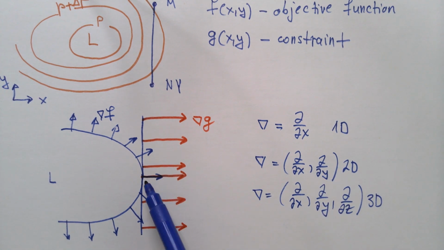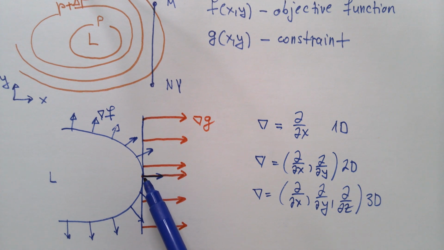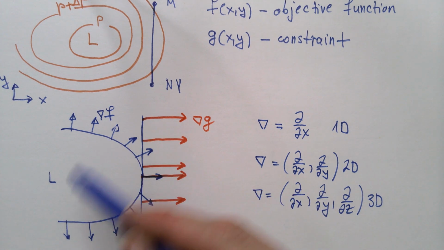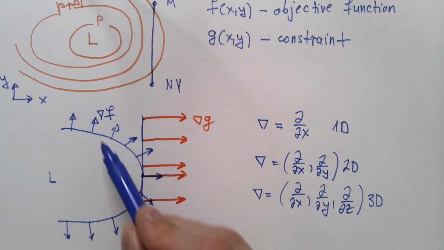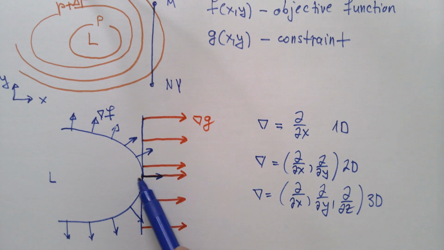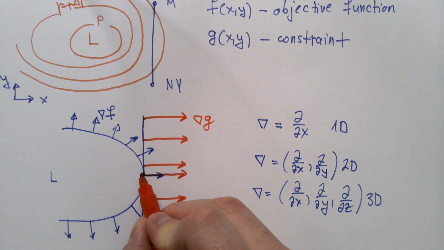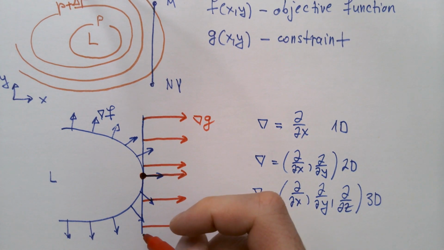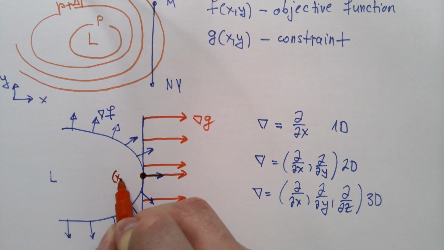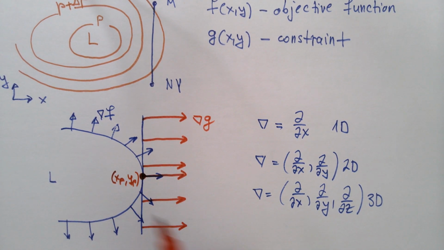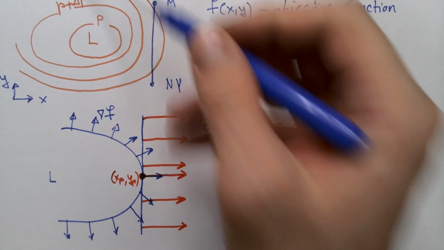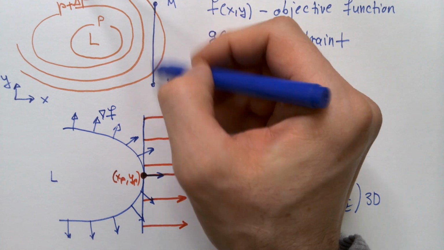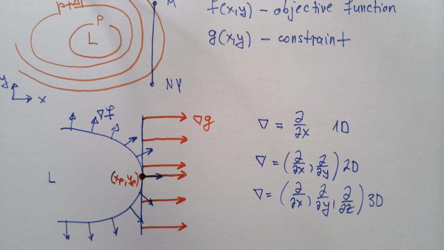But if we go back to this figure, notice that there is only one point in this figure where nabla f is parallel to nabla g. And that point is this point over here. And let us call that point xp, yp, where p stands for peak, because that's the peak of the pressure that we want to find on this road between Montreal and New York.